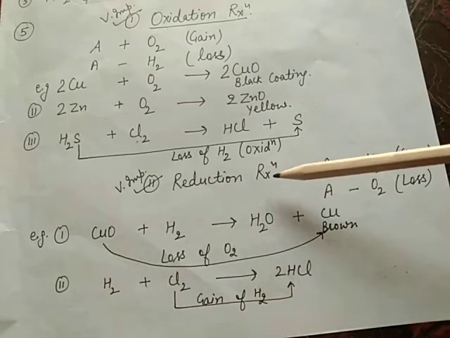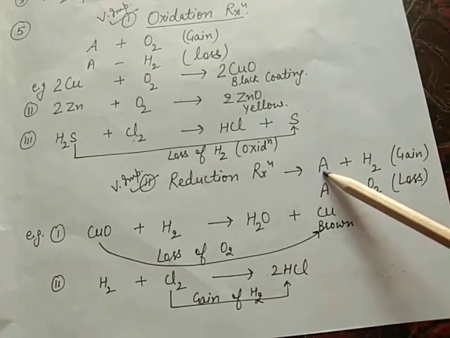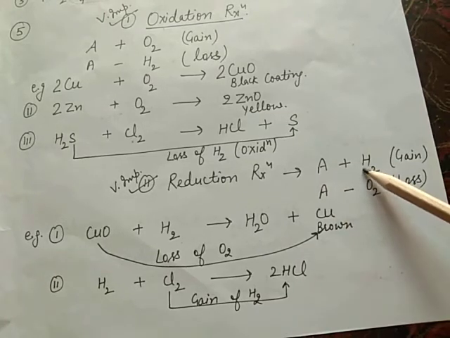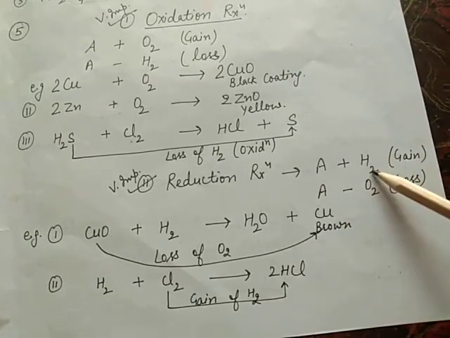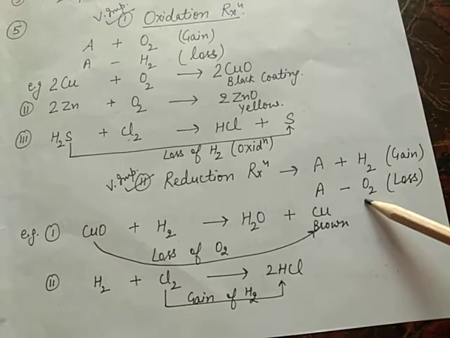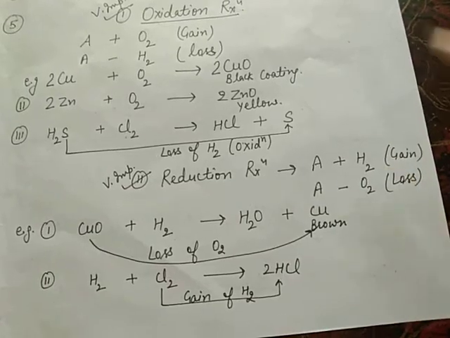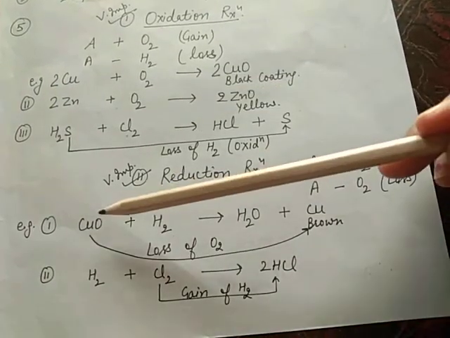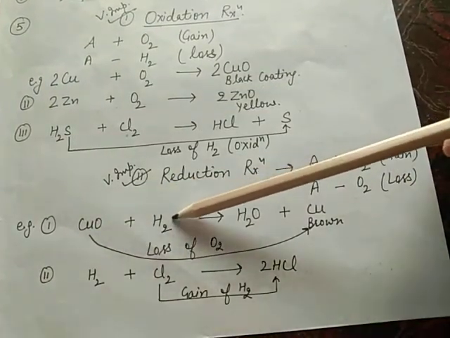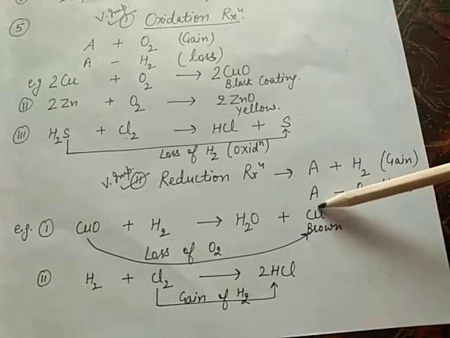Next is a reduction reaction. It involves the gain of hydrogen and loss of oxygen. It is just opposite to the oxidation. We take the example, copper oxide plus H2 will form H2O plus copper.